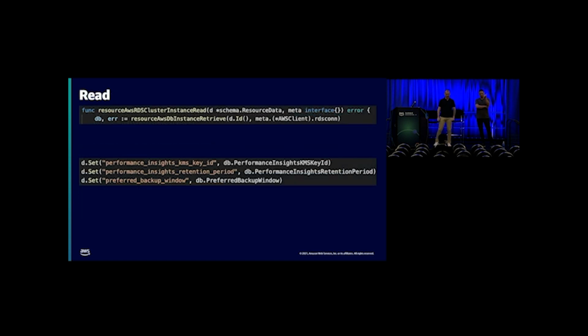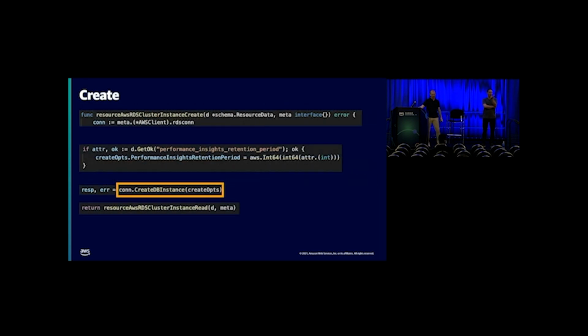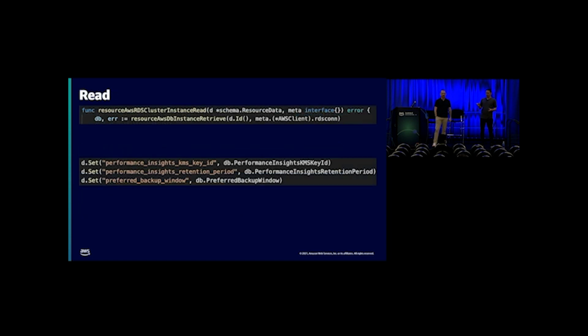At the bottom, the create function and the update function always return the read function. That can be a little confusing at first, but let me show you why that is. In the read function, read, as I said before, is used for setting the state file and then refreshing the state for comparison. At the beginning, you almost always see a describe call.